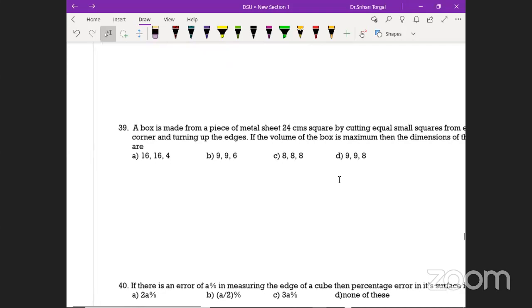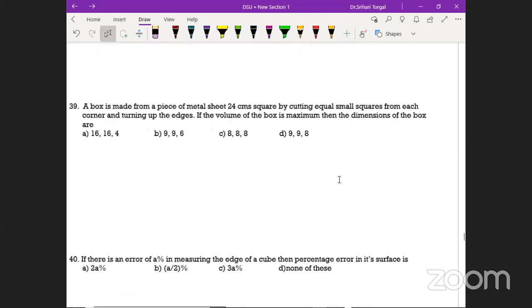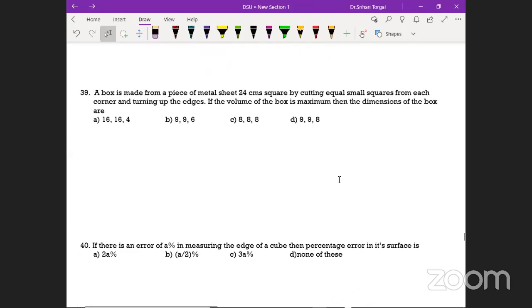Yeah, very beautiful problem. Now we have a box made from a piece of metal sheet, 24 centimeter square, by cutting equal squares from each corner.